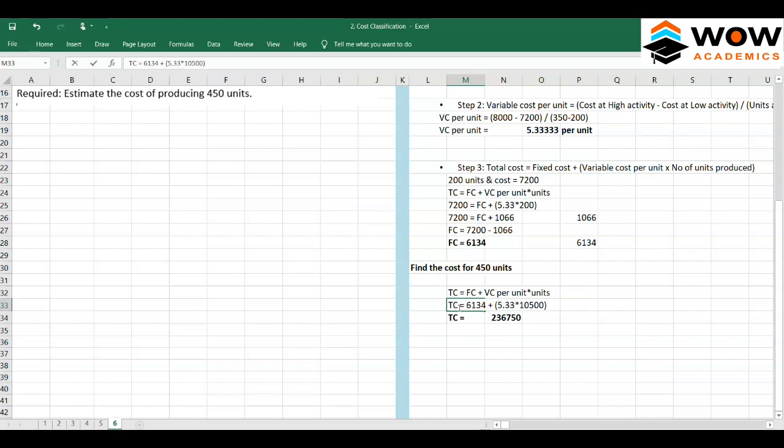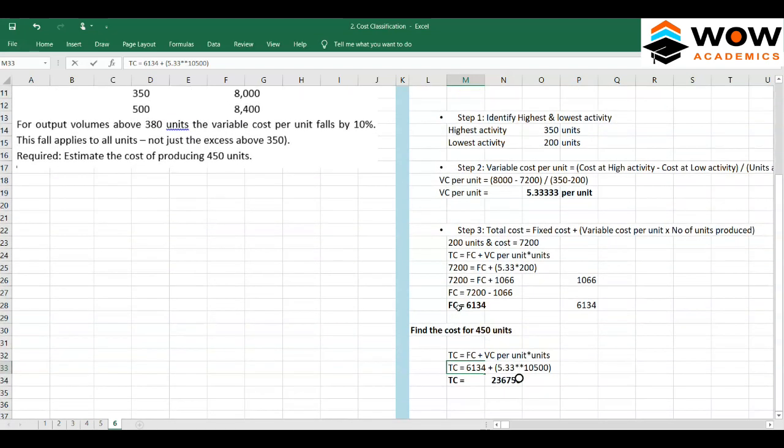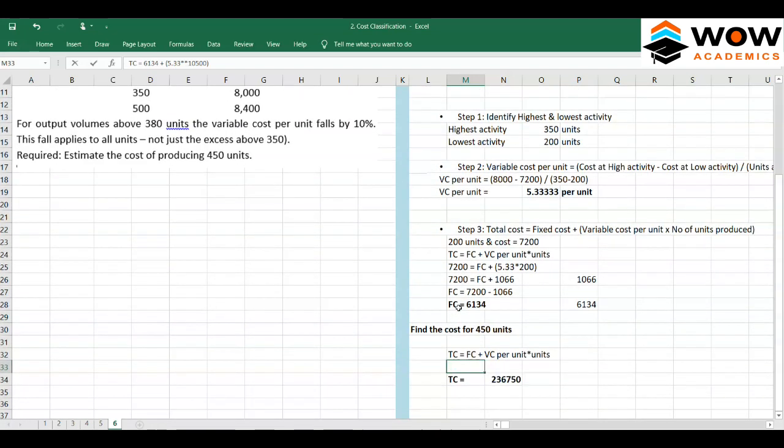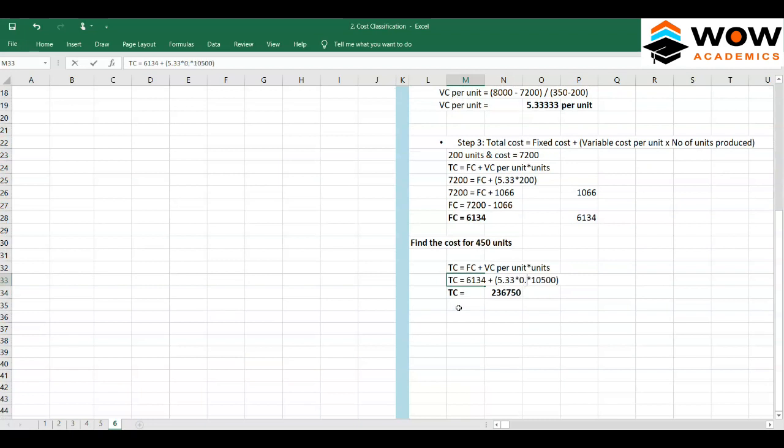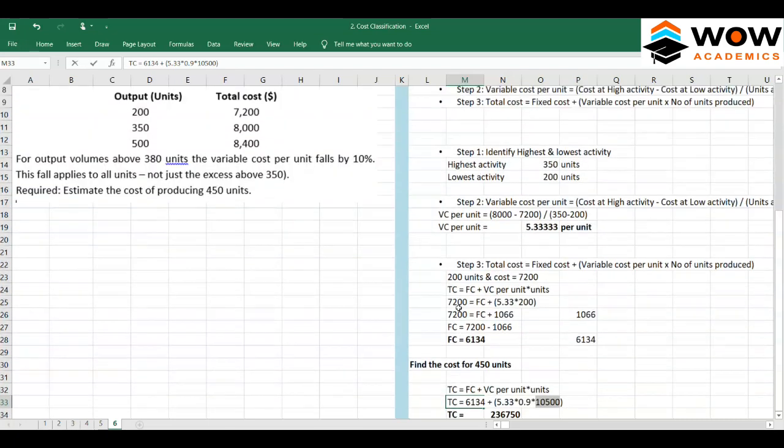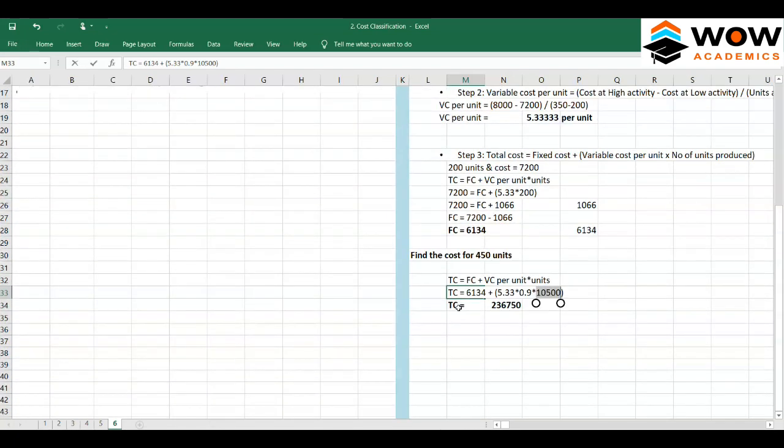But 5.33 is not going to remain the same. It is going to fall by 10%. So we can put it as 0.9, so it's like 90%. We are representing it as 0.9, and the total number of units that we are going to produce is 450 units.